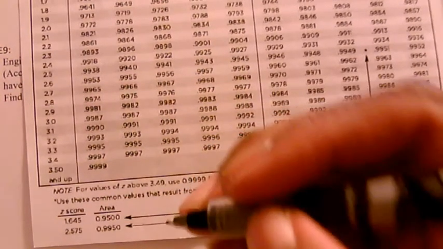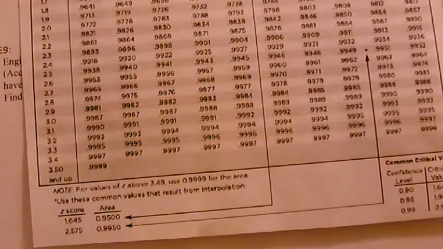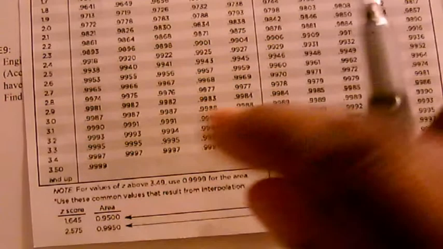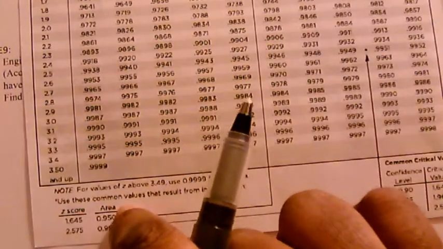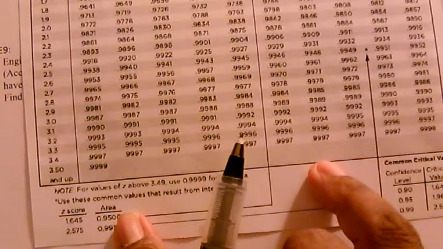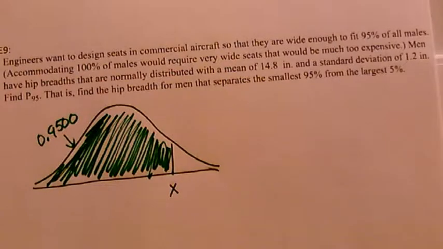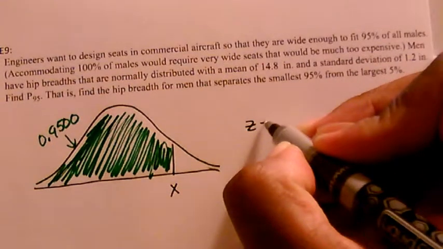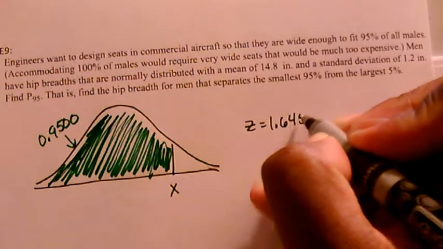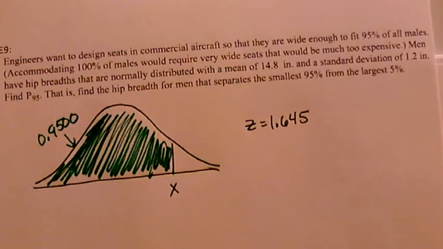That's one of those common z-values that we use. Okay? That's a common z-value. For an area of 0.9500, its z-value is 1.645. So let's use that. So your z is going to be 1.645.